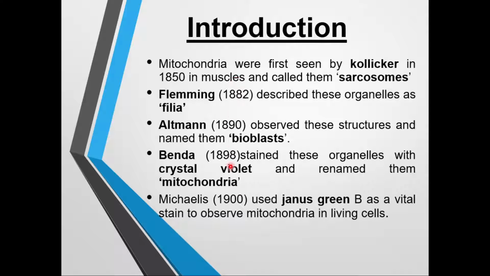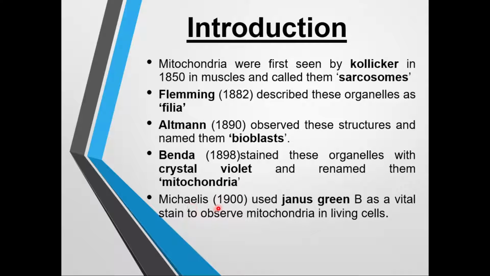So see the bifurcations here. First of all, in the year 1850, mitochondria were first seen by Sawalkar, who called them sarcosomes. Fleming called them philia, Altman called them bioblasts, and at last Benda stained them with crystal violet and called them mitochondria.